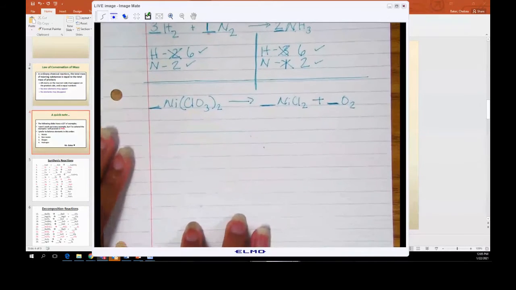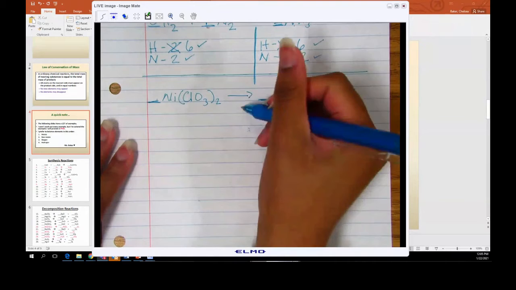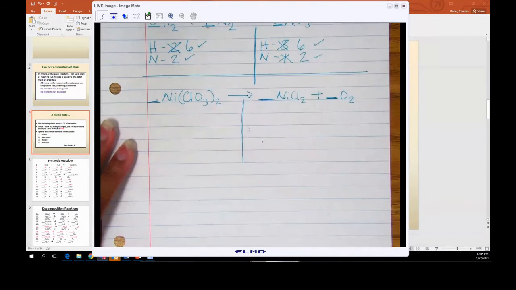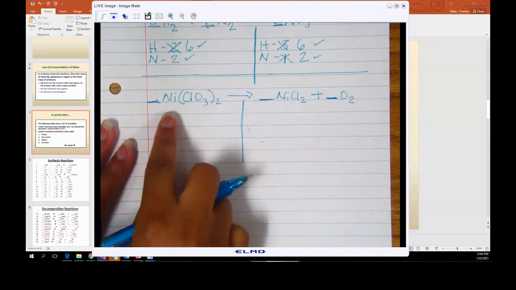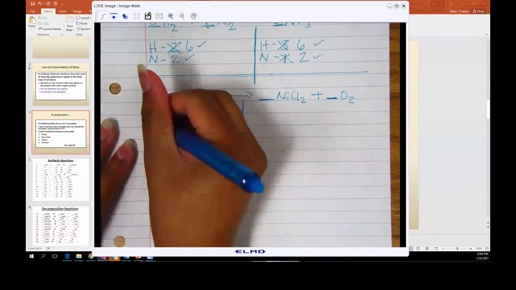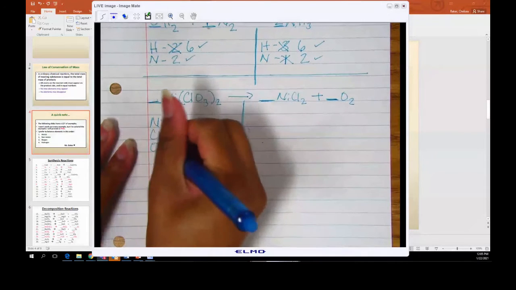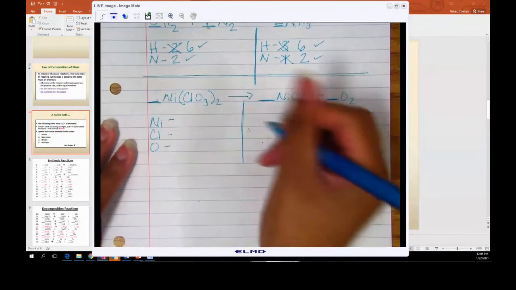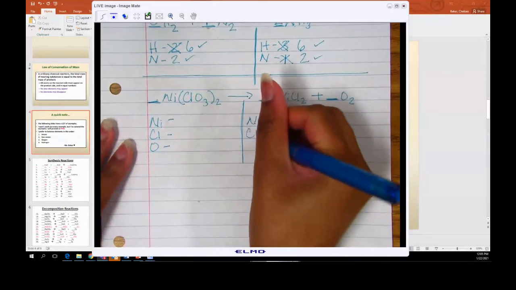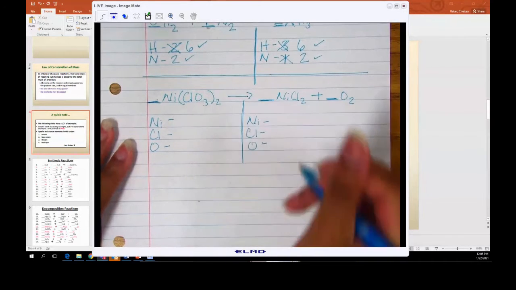Reactants on one side, products on the other. I'm going to list out my elements on both sides. So nickel, chlorine, and oxygen. Same thing over here, nickel, chlorine, and oxygen.